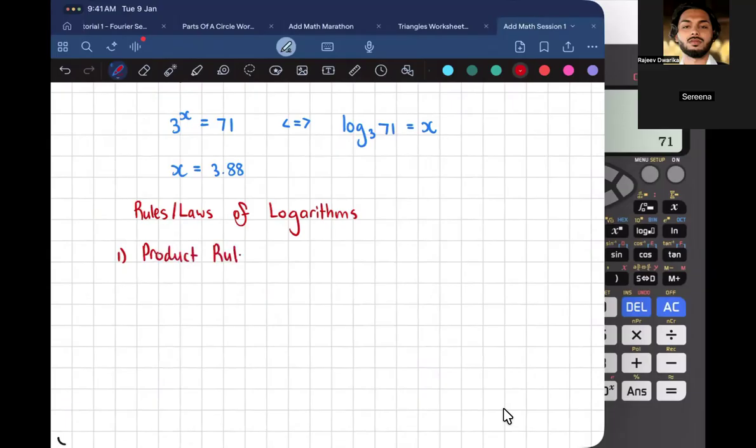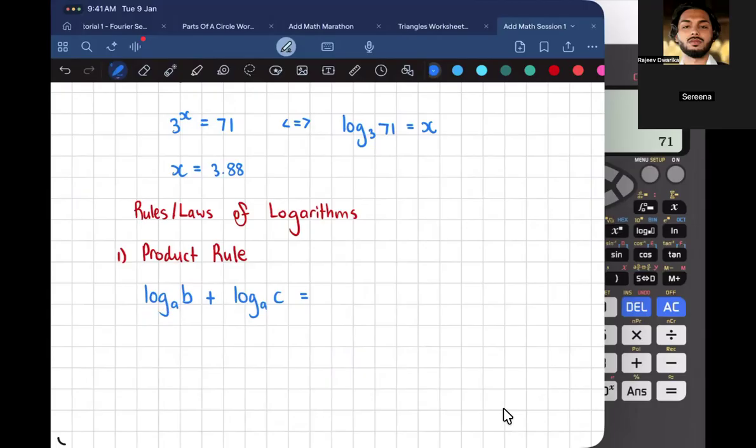What does product sound like? Multiplication, right? So imagine I have something like log base A of B, right? I have log base A of B, and I'm adding that to log base A of C.